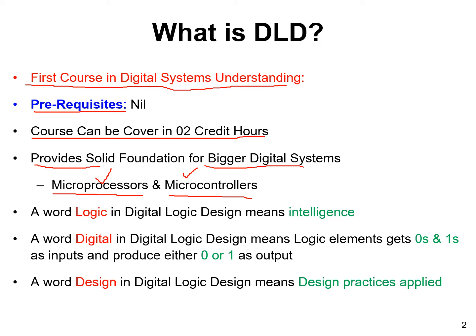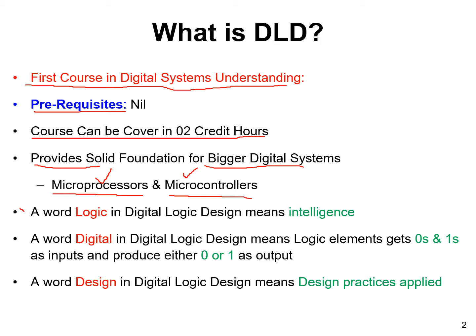Every digital system has some type of microcontroller inside it. So in order to understand the basic working principle of those bigger systems, we have to first understand digital logic design, and then we can move on toward the microprocessor and microcontrollers.